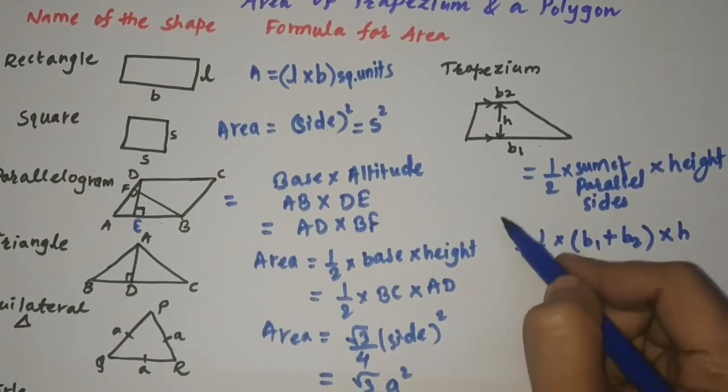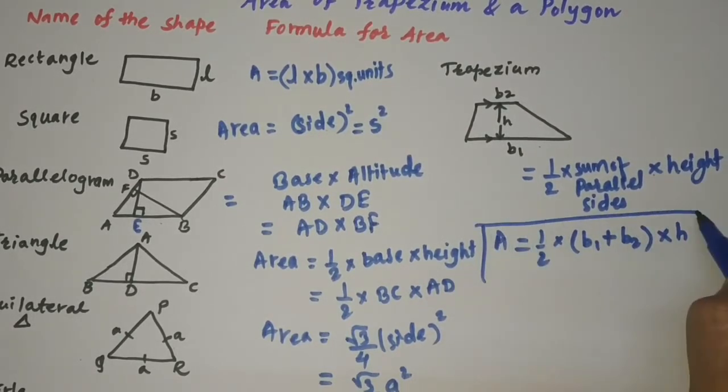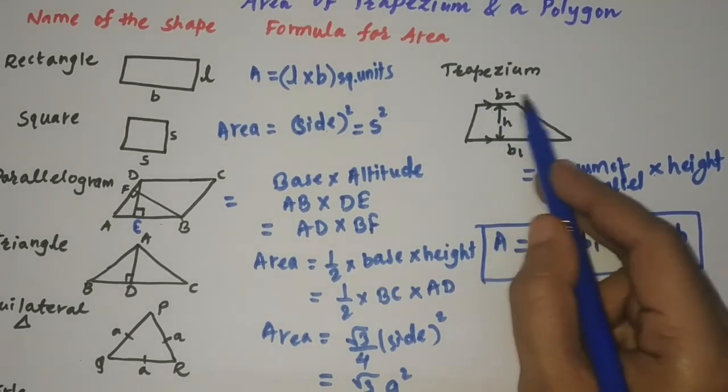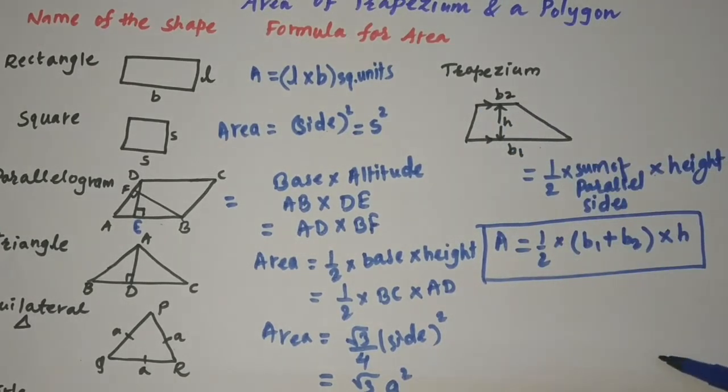So friends, the area of a trapezium is 1/2 the sum of its parallel sides, b1 and b2, times the height, which means the distance between the two parallel lines.